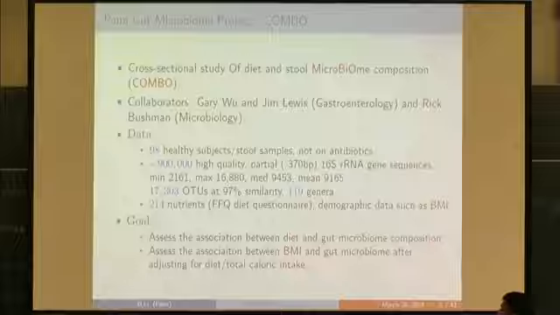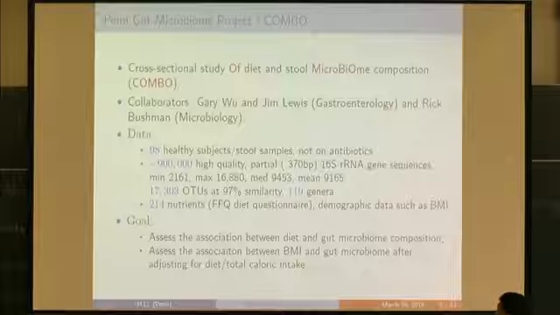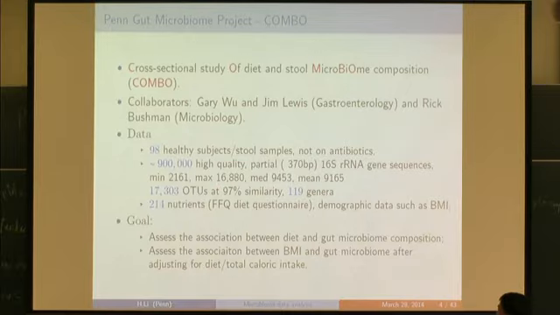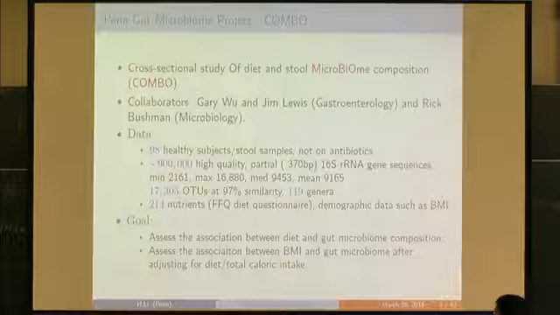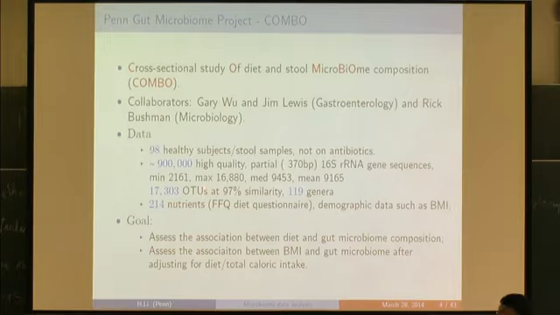Some individuals we only got 2,000 reads, some samples we got 16,000. The mean is about 9,000 reads. Those 900,000 reads can be binned into OTUs at the 97% level, about 1,700 OTUs, and those OTUs can be further binned into 119 genera. Those are the microbiome data.